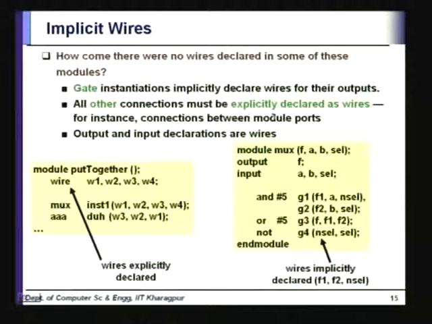All other connections must be explicitly declared as wires. For instance, the connection between module ports like this W2, W2, these are wired together through this wire. Output and input declarations are wires. So you can use outputs and inputs defined here, like F, A, B, select, also as wires.